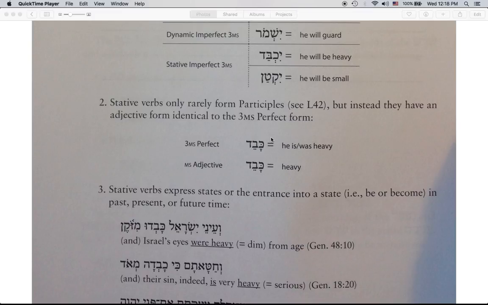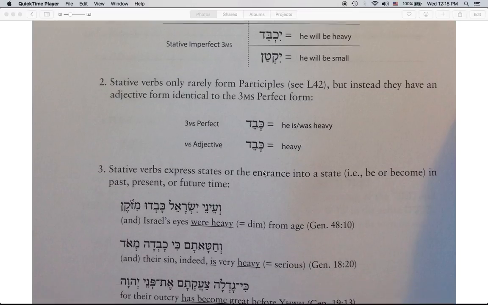So stative verbs can actually function as adjectives, and they will be modifying their nouns just like other adjectives do, but they look exactly like the third masculine singular perfect form with that vowel pattern. So he was heavy. As an adjective, it's just heavy, such as a heavy man. Ish kaved is a heavy man.